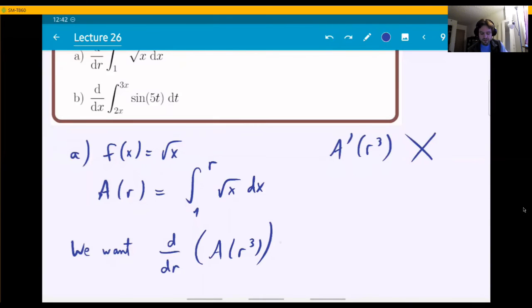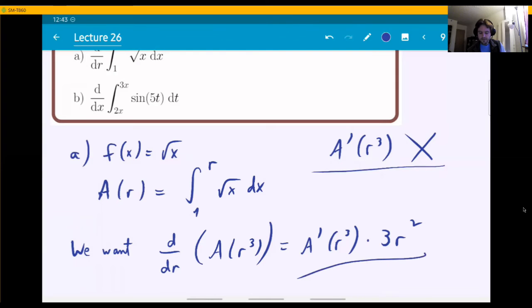Why does that matter? Because this is a chain rule type of situation. You have some function of some other function. So what you have to do is a prime of r cubed times 3r squared. You see that this is definitely not the same as just a prime of r cubed.